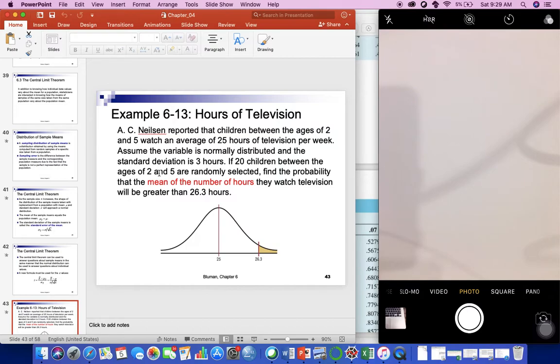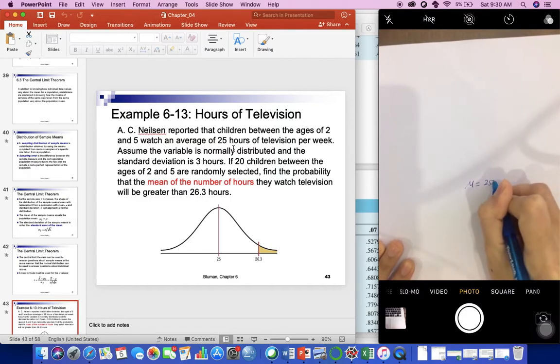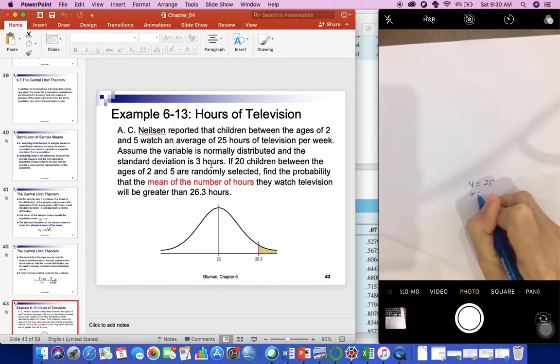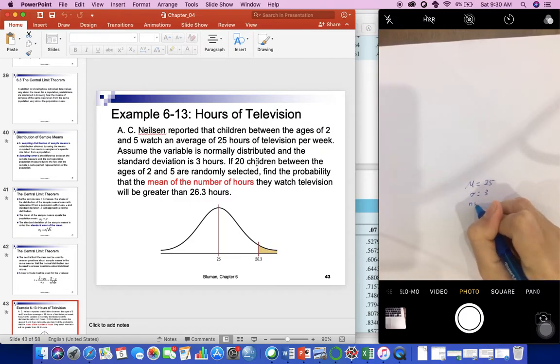They said that between the ages of 2 and 5, children watch an average of 25 hours. So we know the mean is equal to 25, standard deviation equal to 3, and 20 children referring to n.